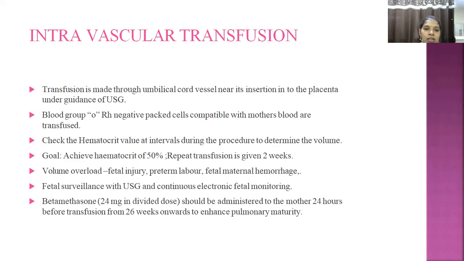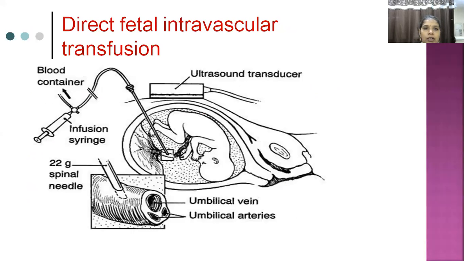Fetal surveillance with ultrasound and continuous electronic fetal monitoring should be done during the transfusion. Betamethasone 24 milligrams in divided doses should be given to the mother 24 hours before transfusion from 26 weeks onwards to enhance pulmonary maturity. Direct fetal intravascular transfusion, as we see here, is into the umbilical vein.